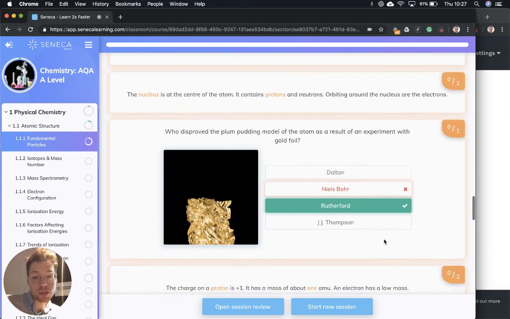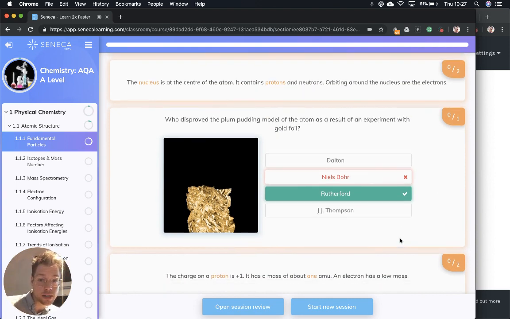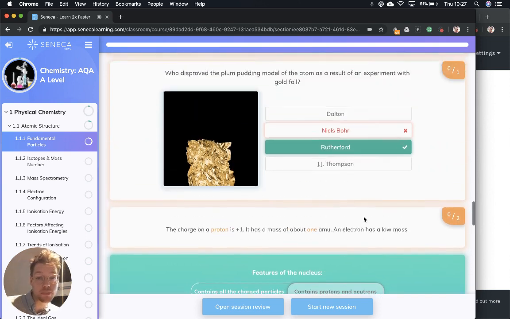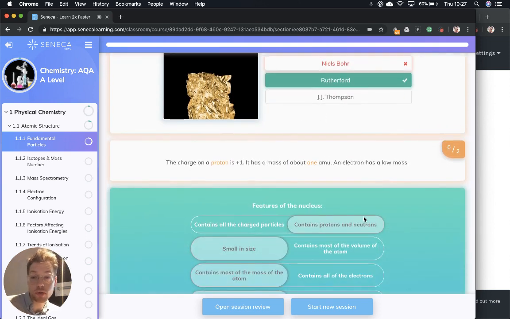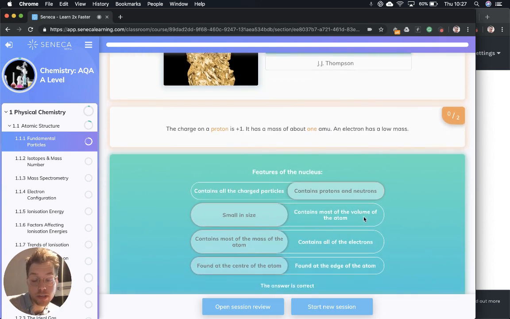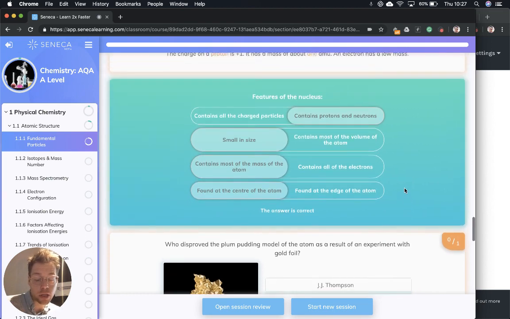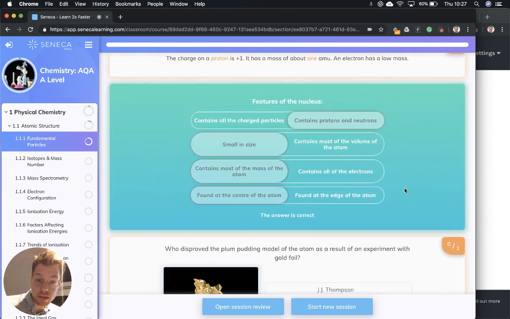Okay, so do we remember who disproved the plum pudding model? Don't think I forgot about those scientists at the beginning. Who disproved it? It was Rutherford. Rutherford disproved the plum pudding model with that cute little gold foil experiment, firing those alpha particles at it. Okay. Now, do you remember the key features of the nucleus?